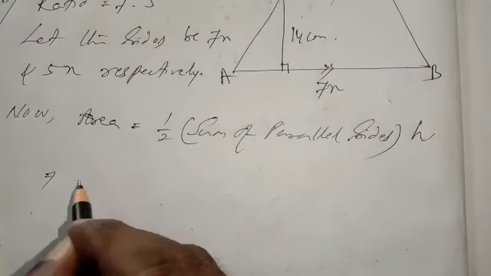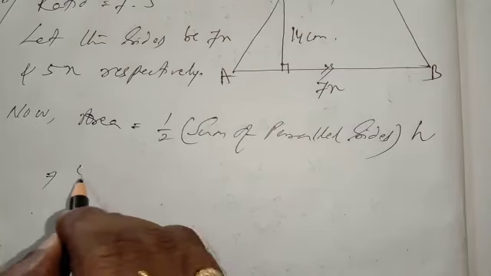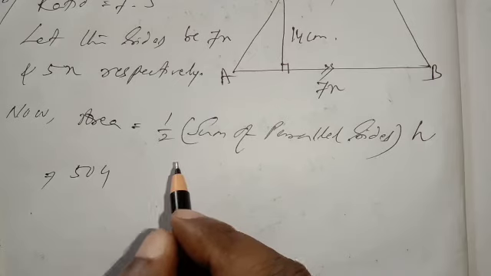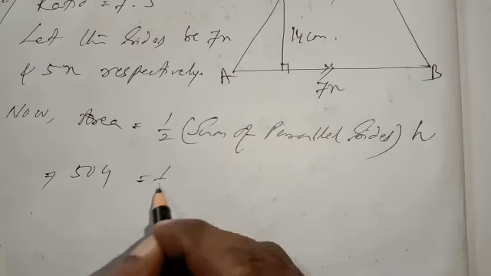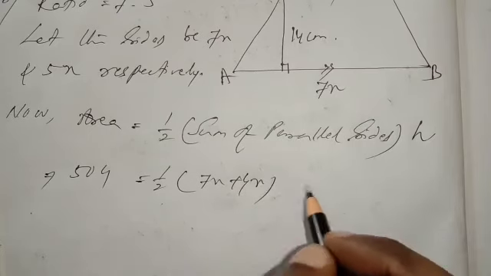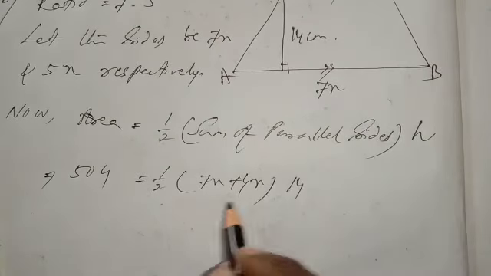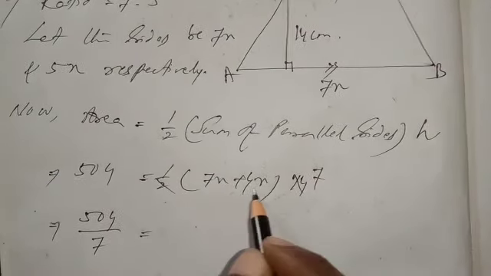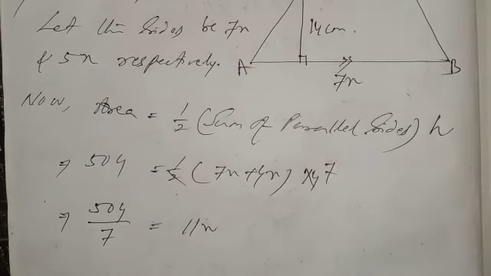Now the area of the trapezium is given as 504 centimeters square, equal to half the sum of parallel sides, means 7x plus 5x, into height, that is 14. It will go, 2 7s are 14. Now 504 divided by 7, how much will it be? 7 7s are 49 and 7 2s are 14.